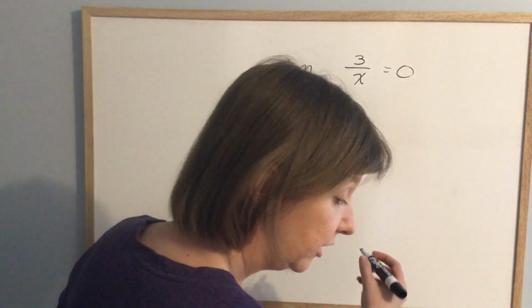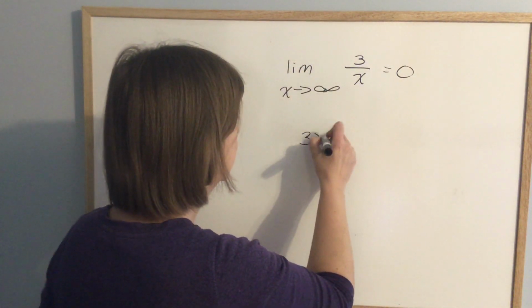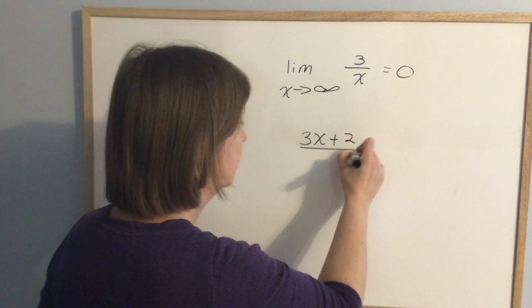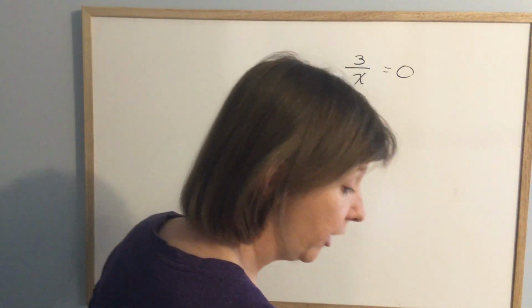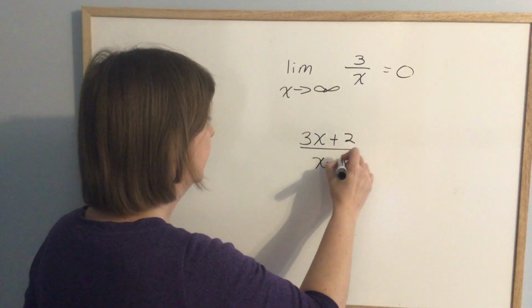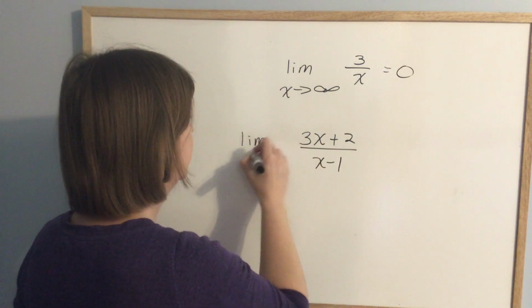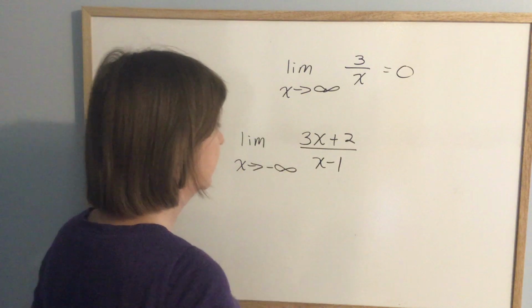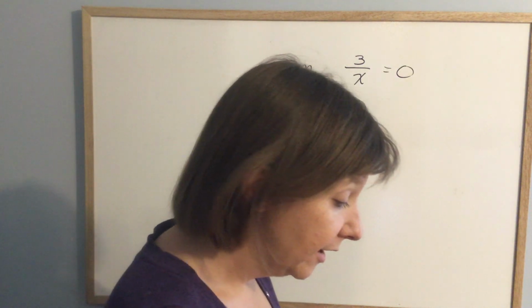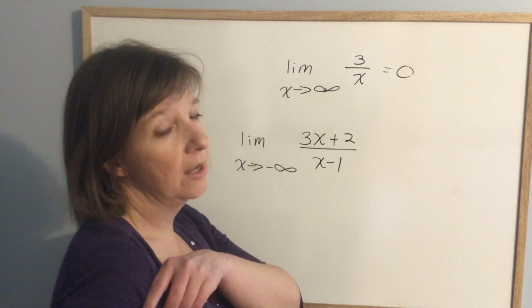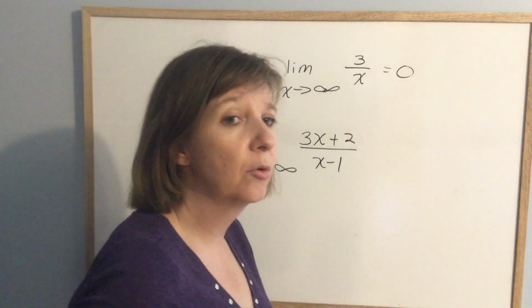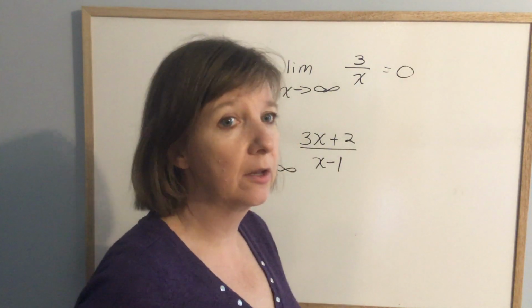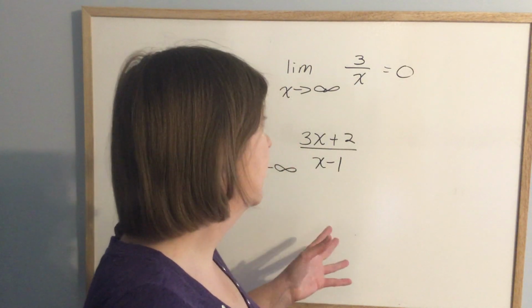For G, for 3G, it's 3x squared. No, sorry, it's 3x plus 2, I lie, over x minus 1. And they want the limit as x approaches negative infinity. Again, it doesn't really matter whether there's a negative or a positive on the infinity. Those rules that we talked about for finding the horizontal asymptote apply here.